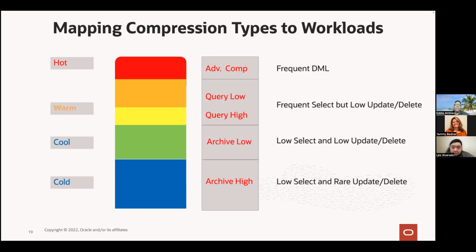As you go down the partitions, usually the activity in the partitions cools down, as we discussed, and you can then continue to increase the compression level as you go down the age of your partitions. So this is a great way to get the most compression out of your database at the partition level, saving you the most storage and giving you the best performance.